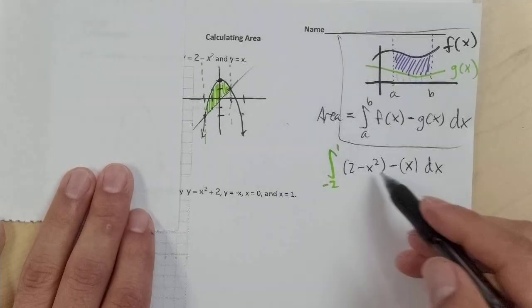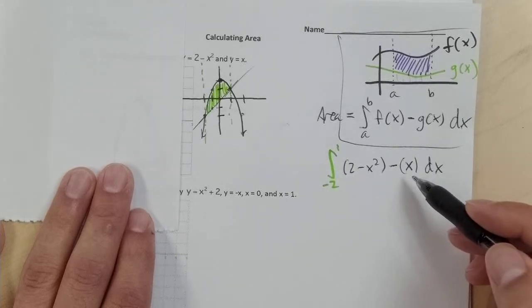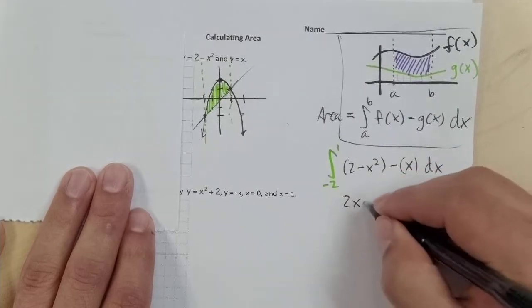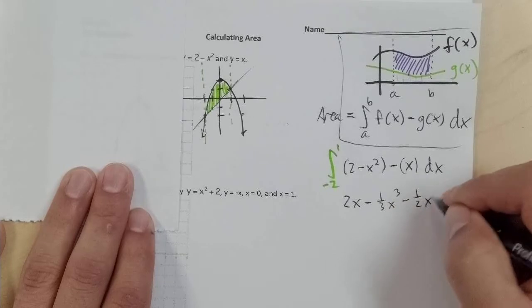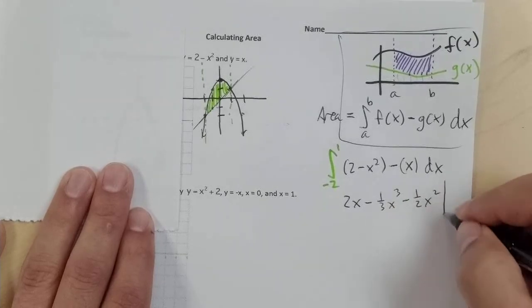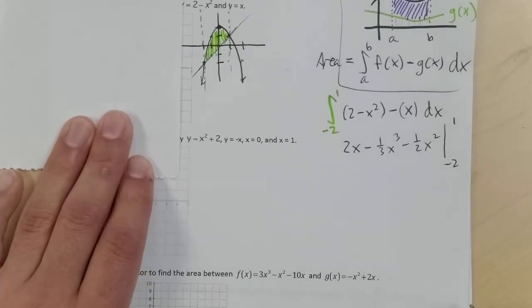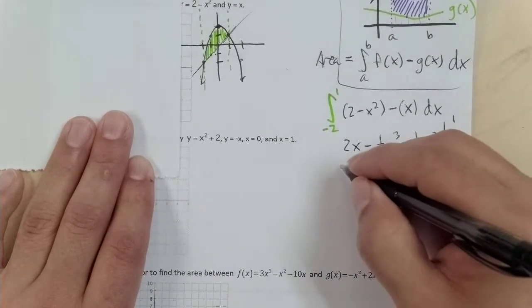And you guys have been doing definite integrals for a long time now, so this should be pretty much automatic. Once you get to this point, you just do the antiderivative. That'll be 2x minus 1/3 x cubed minus 1/2 x squared. And then we're evaluating from -2 to 1. Plug in +1.